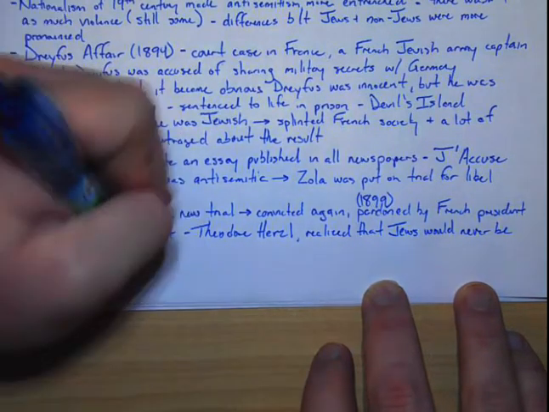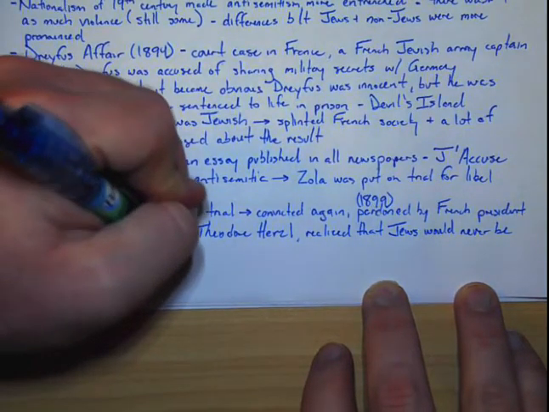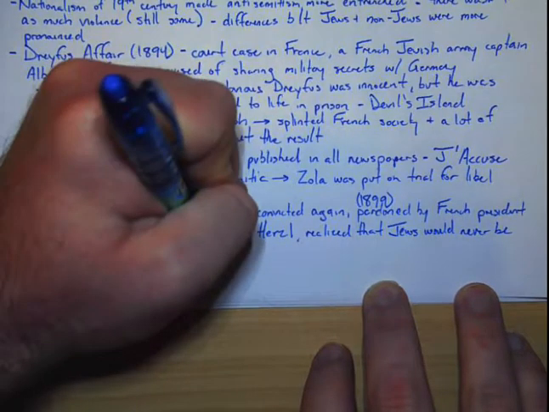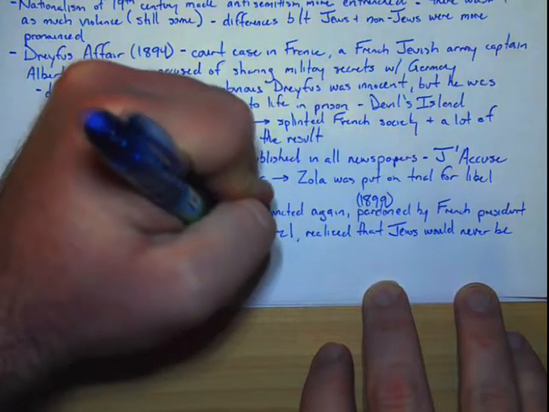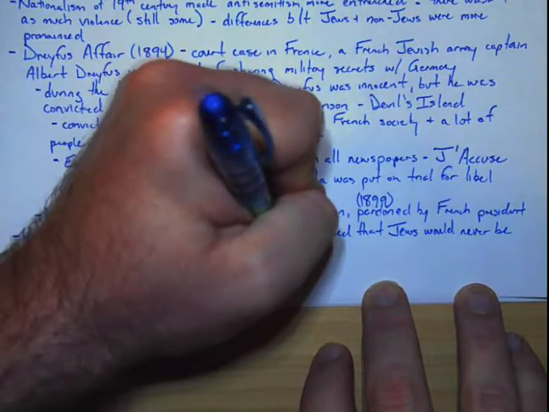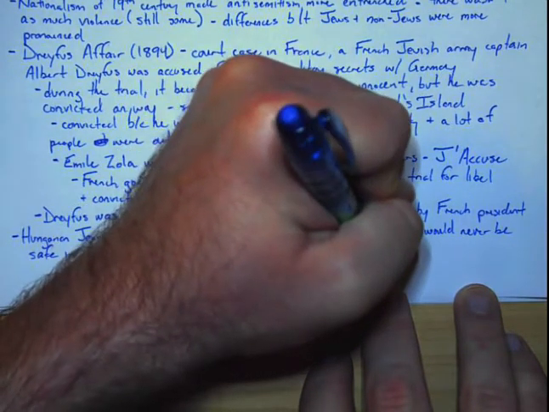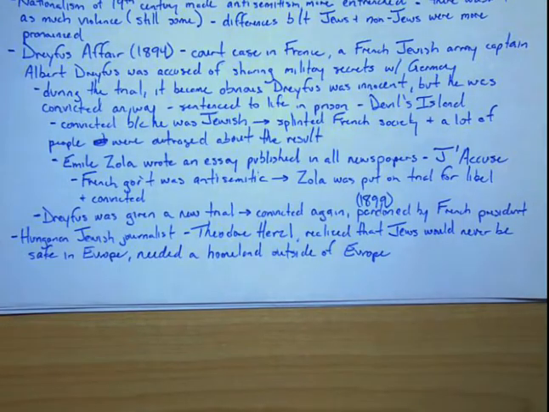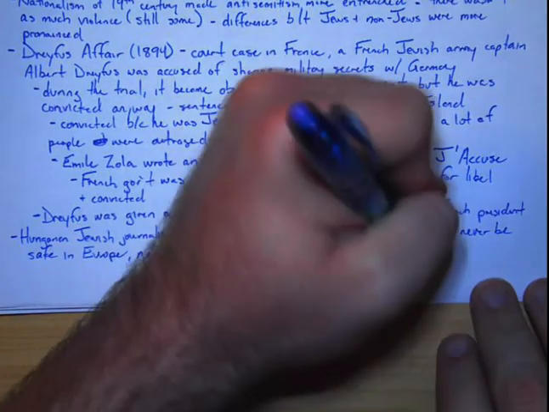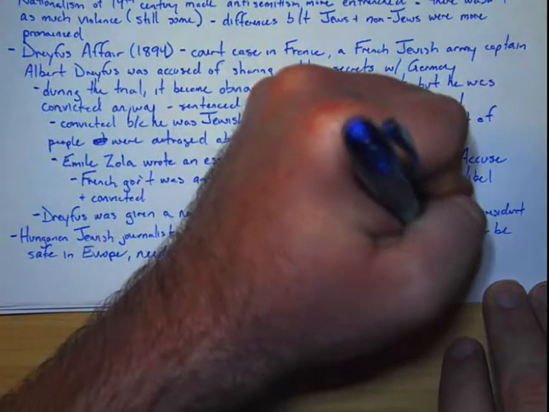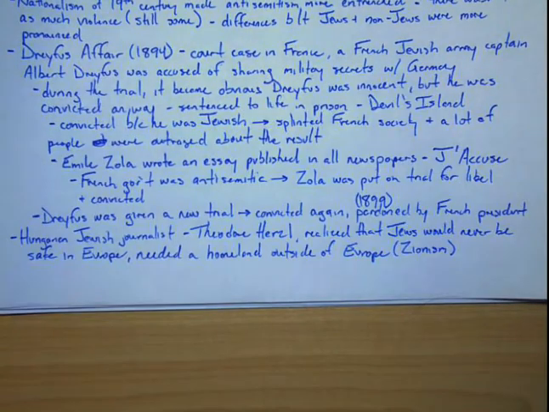And they needed a homeland outside of Europe. And this is what Zionism is trying to do, is trying to find a homeland for the Jews outside of Europe, a place where they could be safe.